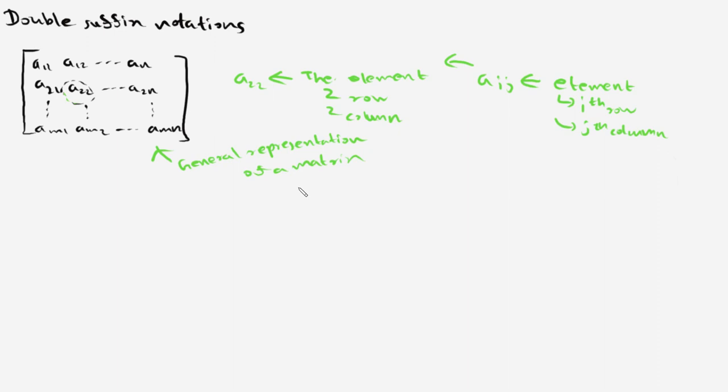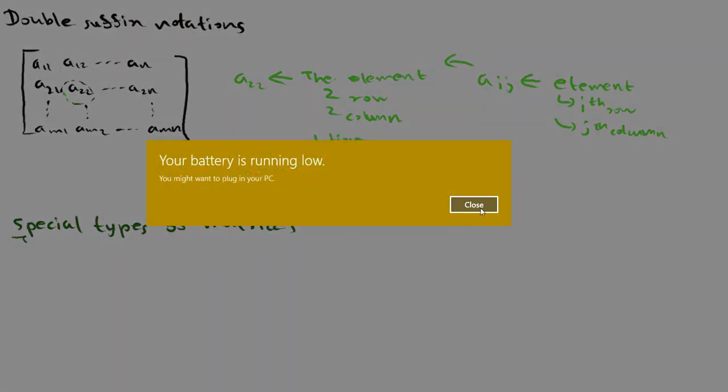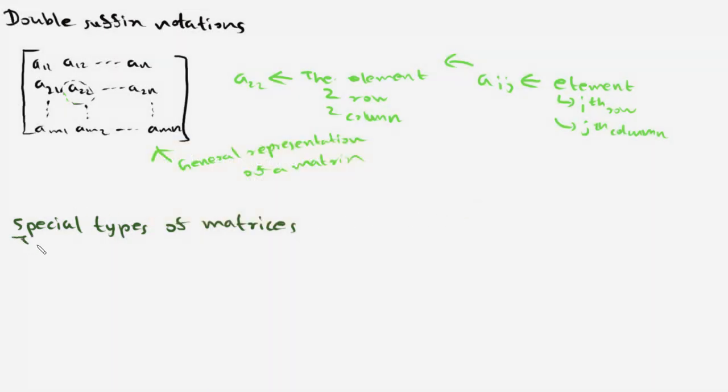So let's look at some special types of matrices. There are several types of matrices, so let me quickly explain.